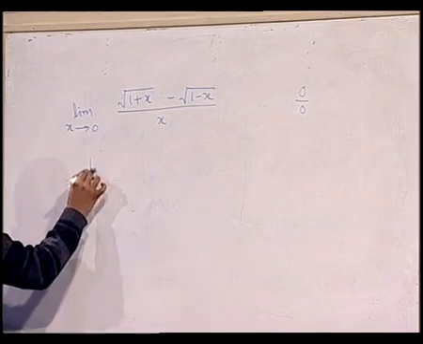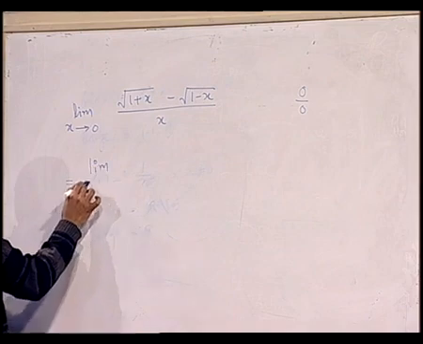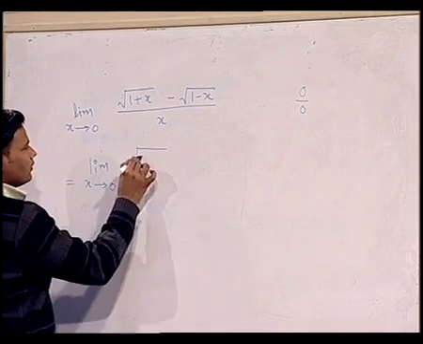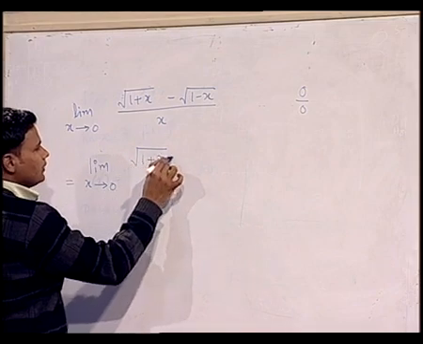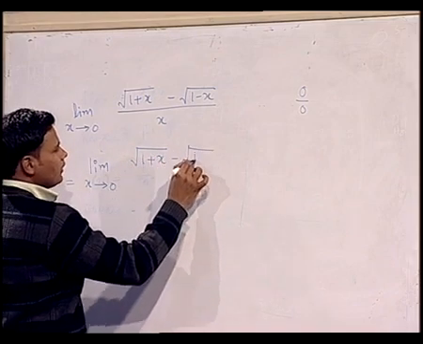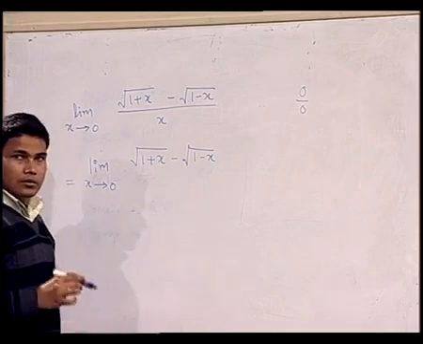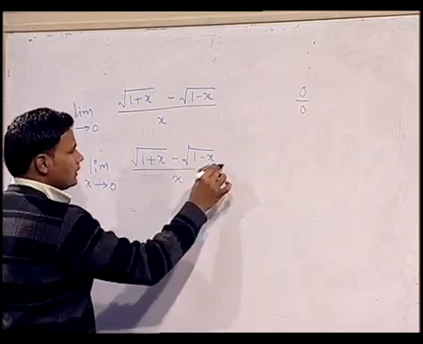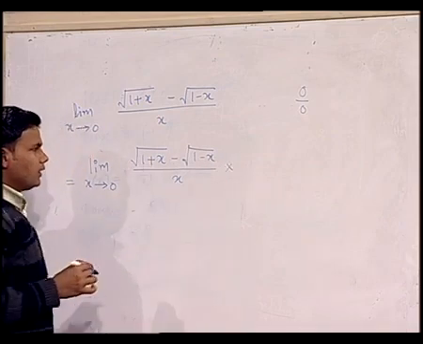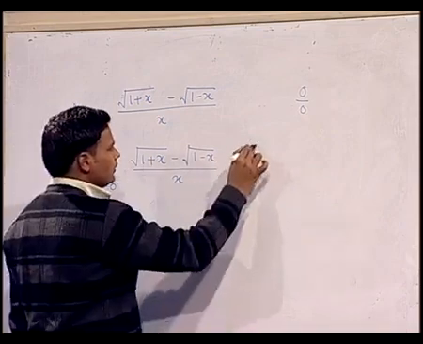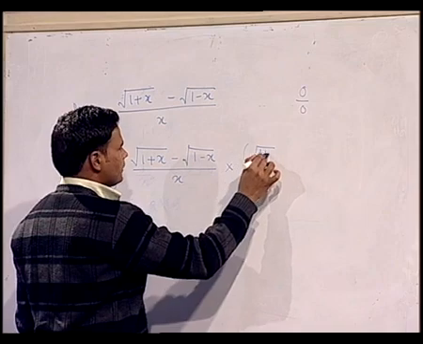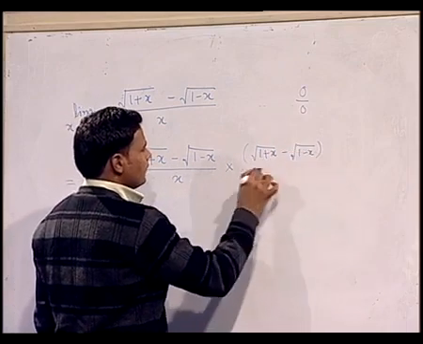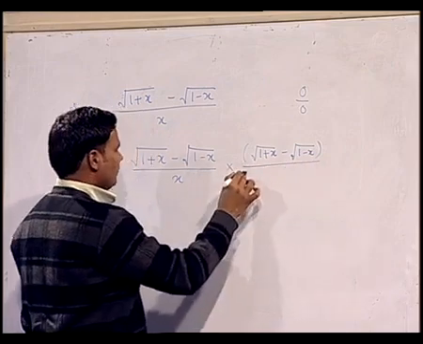So now this is equal to limit x tends to 0, (square root of 1 plus x minus square root of 1 minus x) upon x, and we multiply here with (square root of 1 plus x plus square root of 1 minus x) and divide by the same.